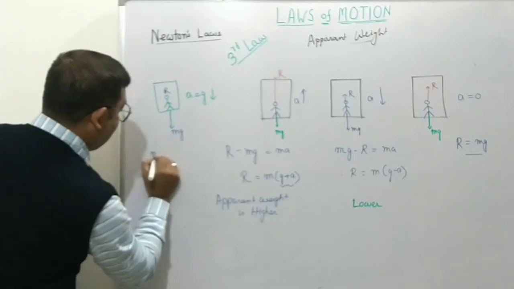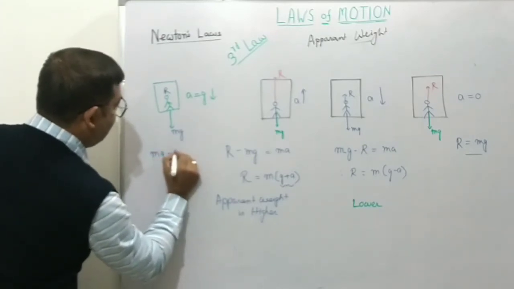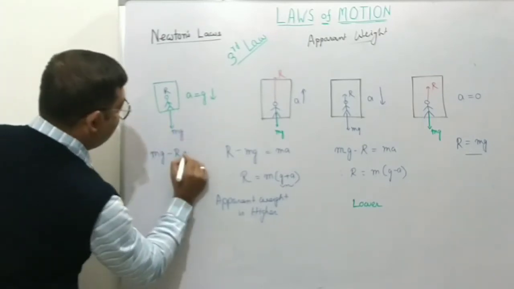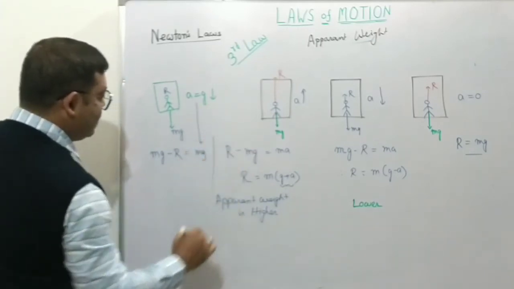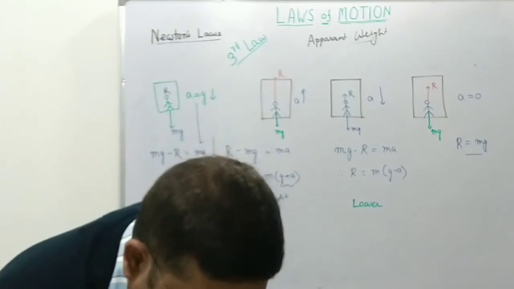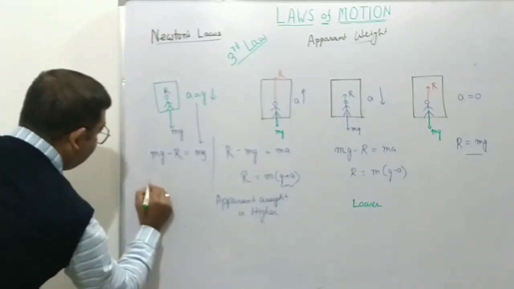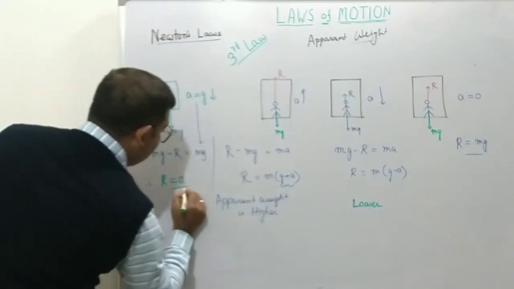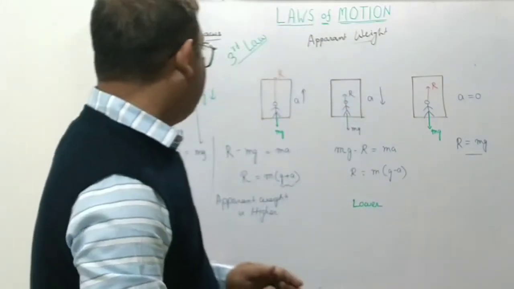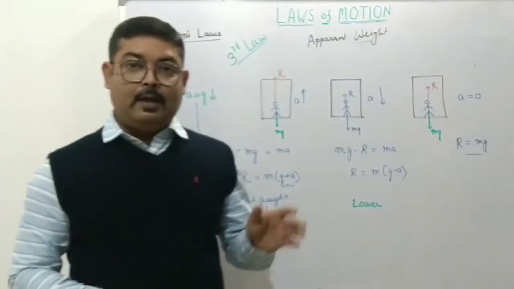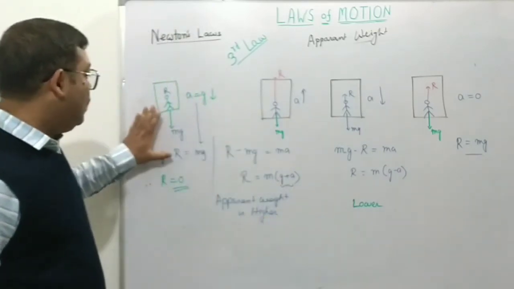Then we must have mg minus R equal to m into g, because acceleration downwards is g now. That is to say, R will be equal to 0.